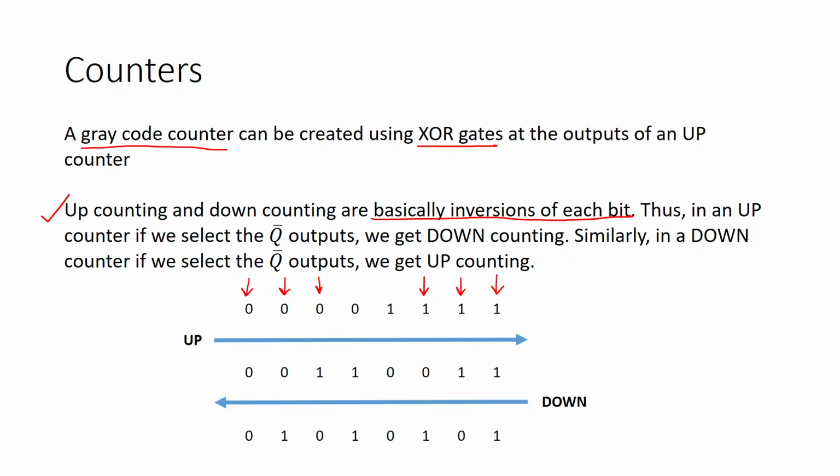This means that if you were working with an up counter and selected the Q bar as outputs, you would get the down counter. You did not need to reconstruct the down counter; you could have simply taken the Q bar outputs and got the down counting operation. Similarly, if you have a down counter and select the Q bar outputs, you would get up counting.